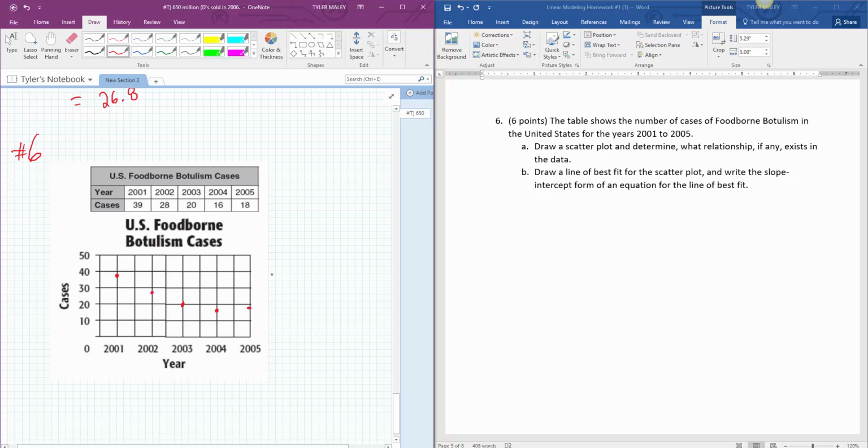Typically we'd want a lot more data points to draw definite relationships. The more data we have, the stronger our model will be. So yes, it appears that there's a linear relationship. In fact, it's a decreasing linear relationship.